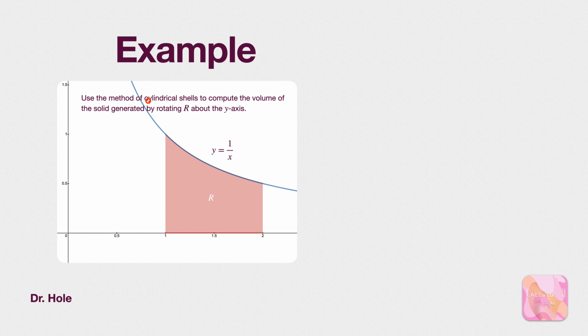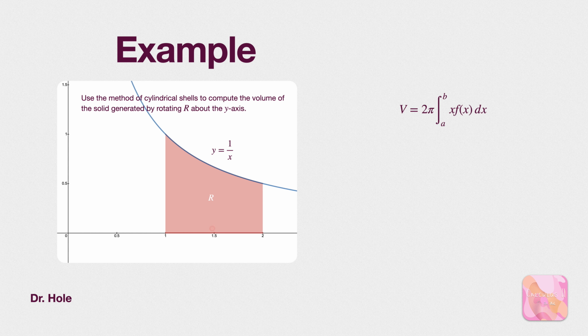Here, in contrast, the cylindrical shells method is to look at the graph of a function over an interval, here x, but then revolve about a line perpendicular to that interval. Okay.